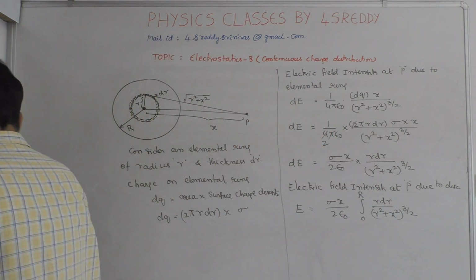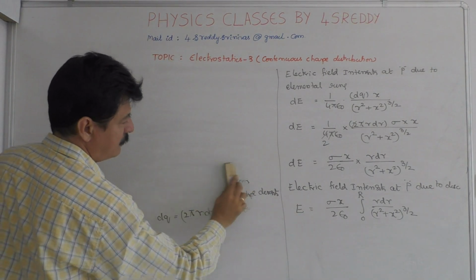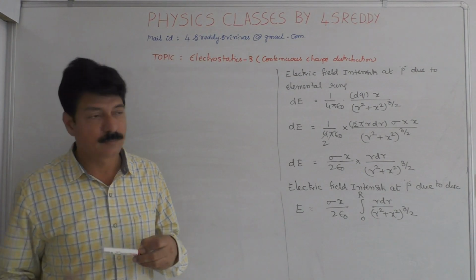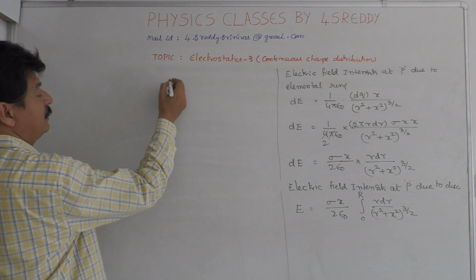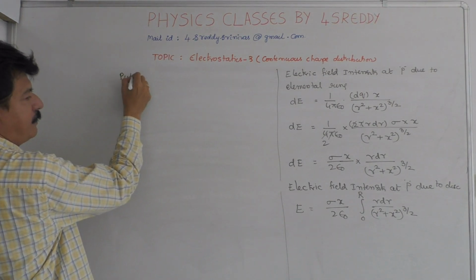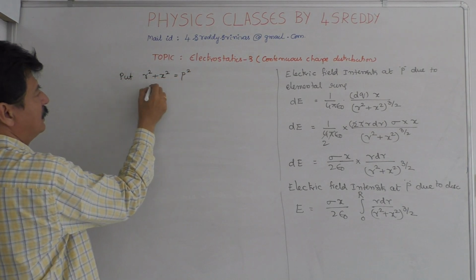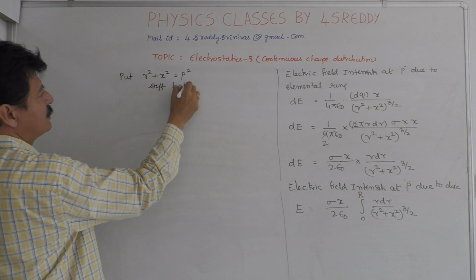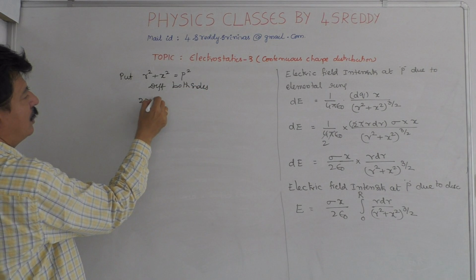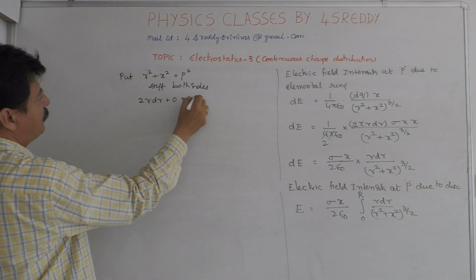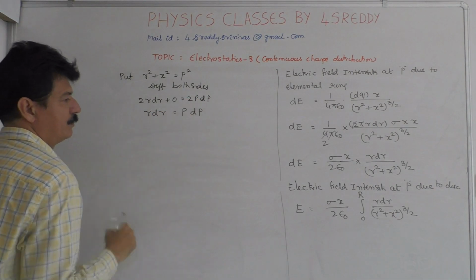And once you got this one, put r square plus x square is equal to p square. Differentiate both sides. Then you are going to get 2r dr plus 0 is equal to 2p dp. Therefore, r dr is equals to p dp.